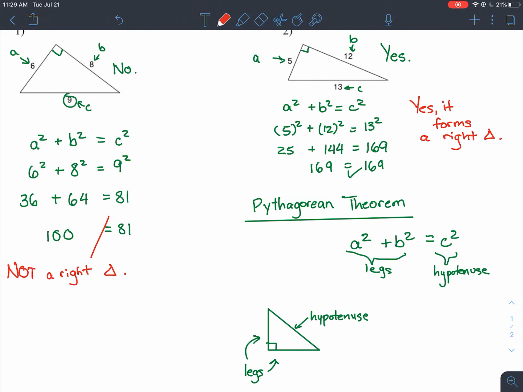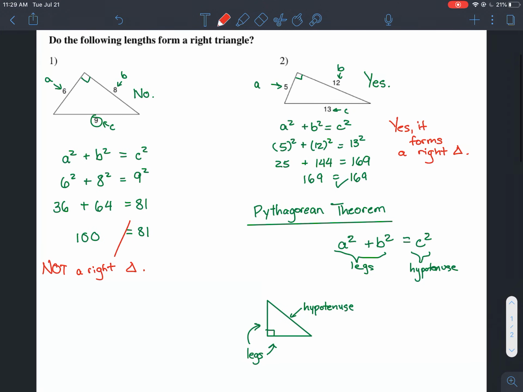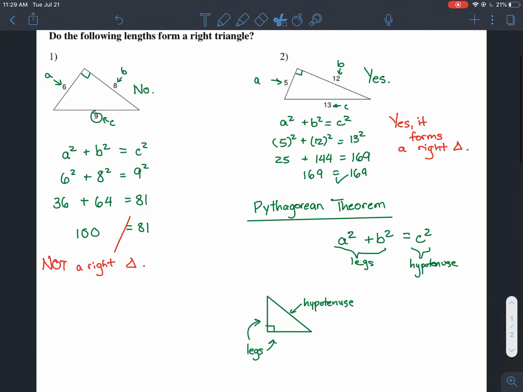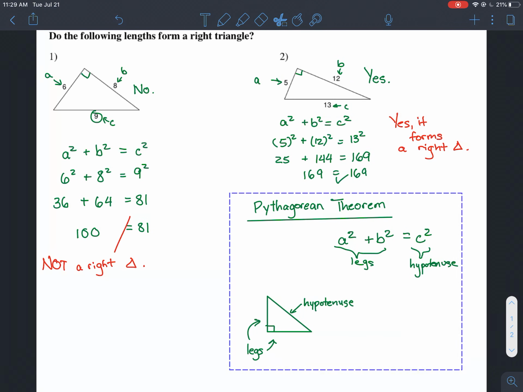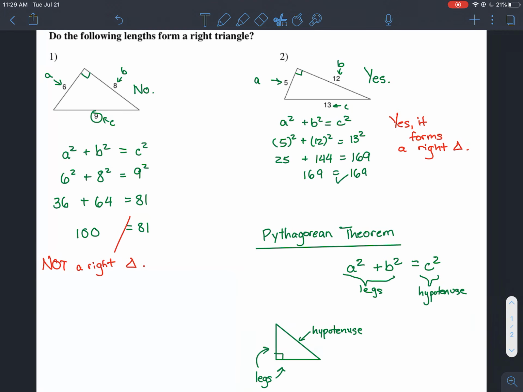Now, remember how I said that I just know the answers for number 1 and 2, and that's because of the Pythagorean theorem. There are certain almost famous whole numbers known as Pythagorean triples, where if you go in order and name them off, they always form a perfect right triangle.